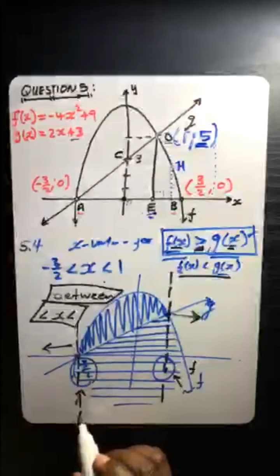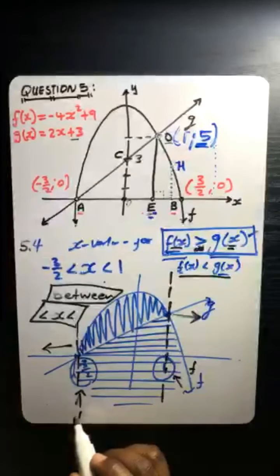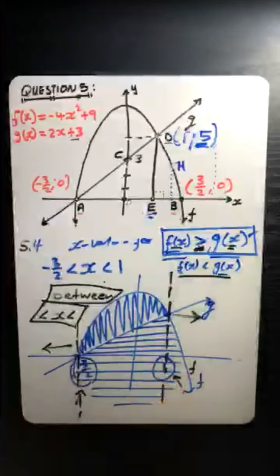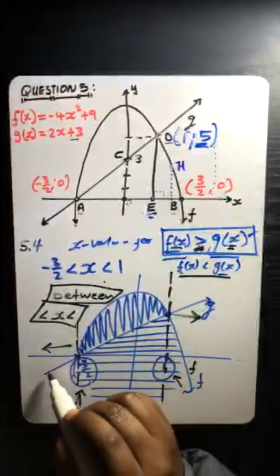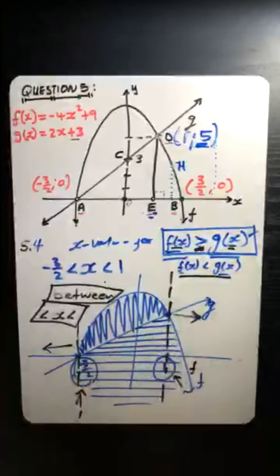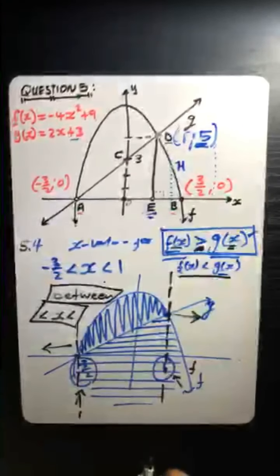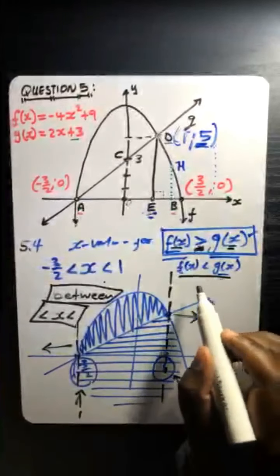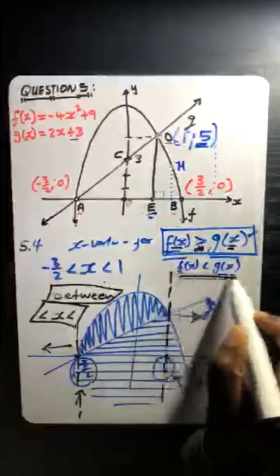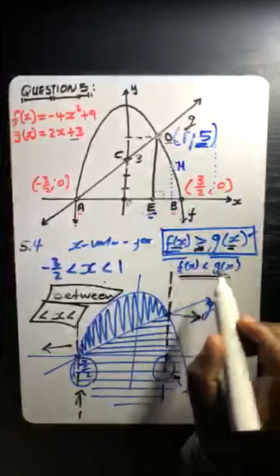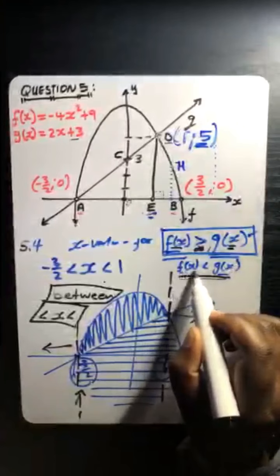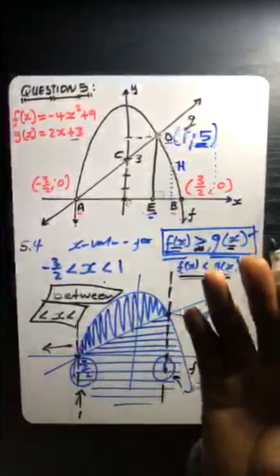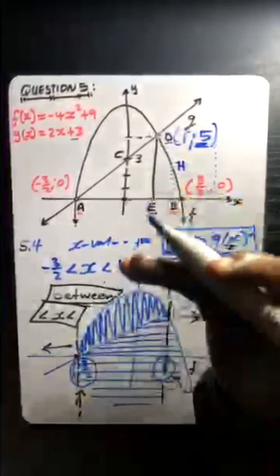That's where you have the function f below that one. I'm not sure if that statement makes sense. Yeah, it does, sir. So here they are just saying at which x values you have f of x being below g of x, because obviously if something is greater than you, it means it's above.